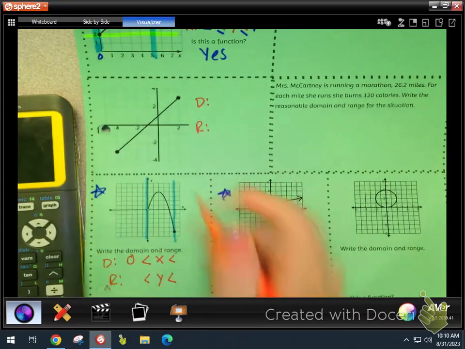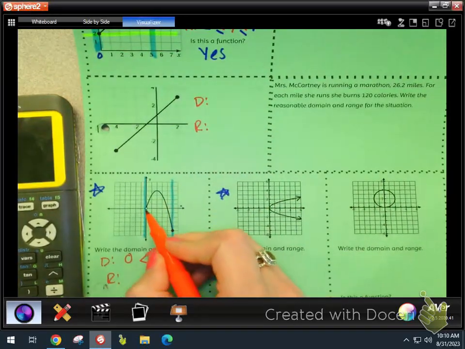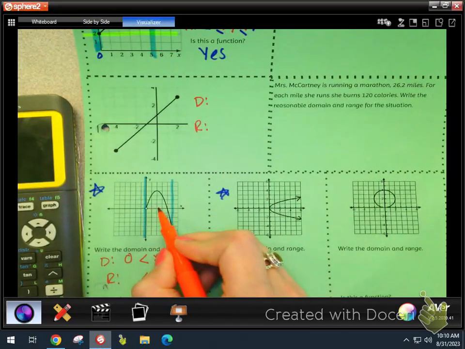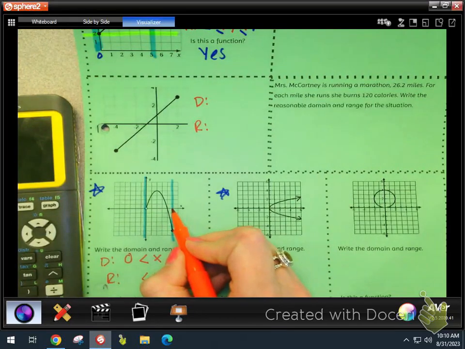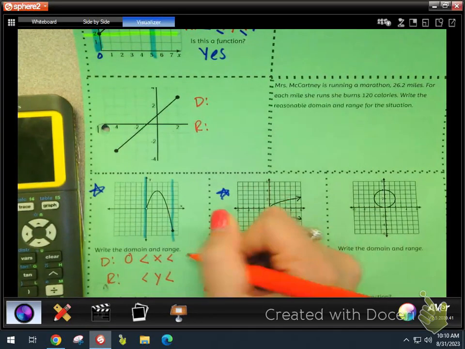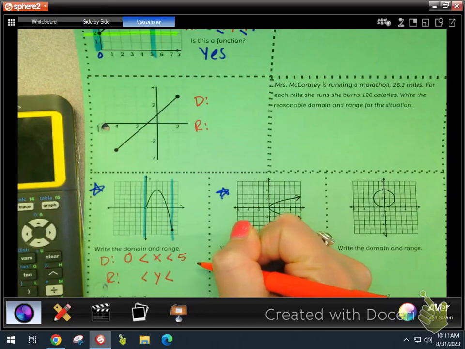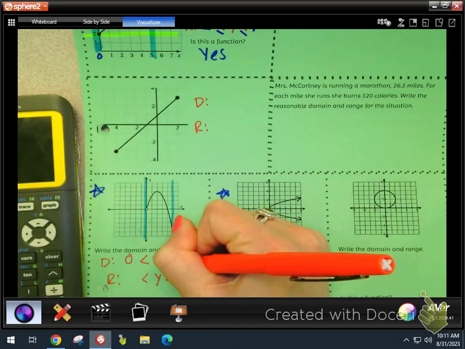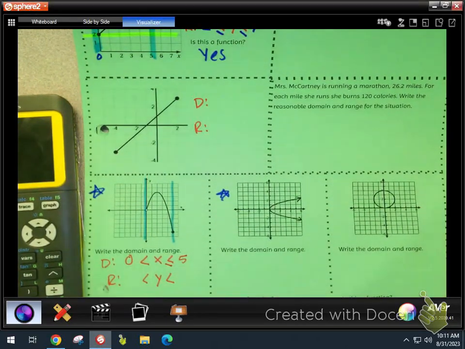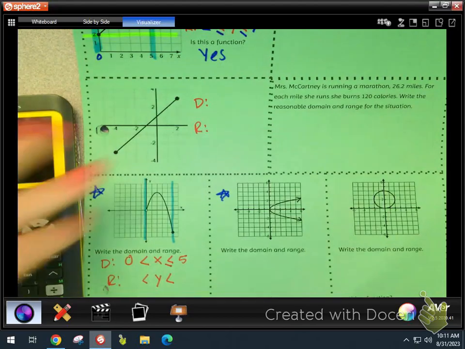Okay? Perfect. 0 right there. Now, my right boundary. 1, 2, 3, 4. Not negative. It doesn't matter that it goes down. We're talking about the x's right now. It's at positive 5. But the circle is closed, so I put a line. So that's what's a little bit different about doing domain and ranges. You're looking at the x's, the y's. What's your lowest y value?